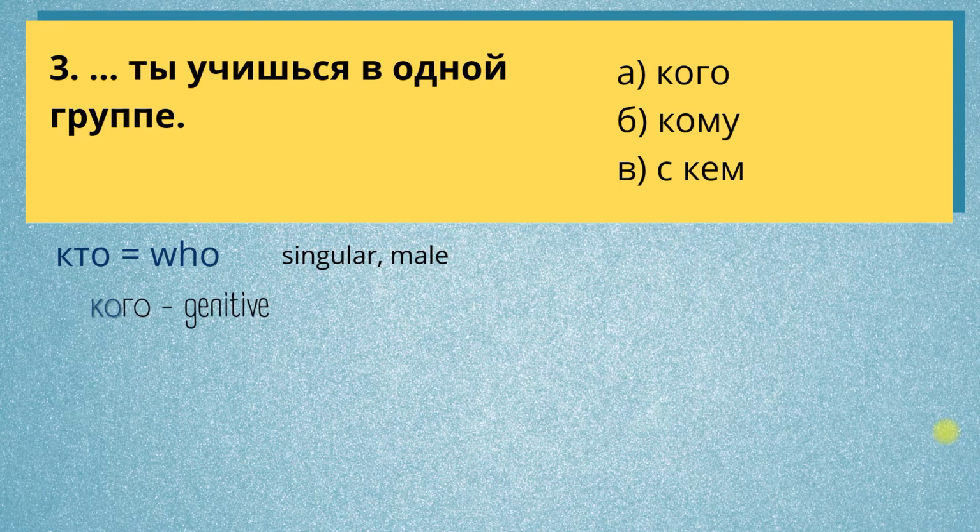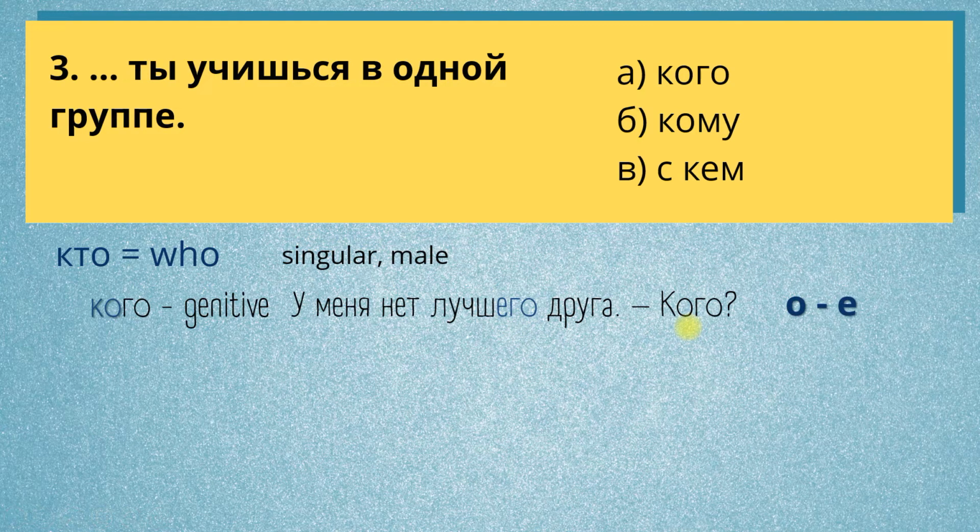Кого, it's genitive case, and actually the ending would be the same as you had it in the adjective for genitive case, for male singular noun. У меня нет лучшего друга. Кого? Лучшего друга. Don't forget that O can be easily replaced with ye.